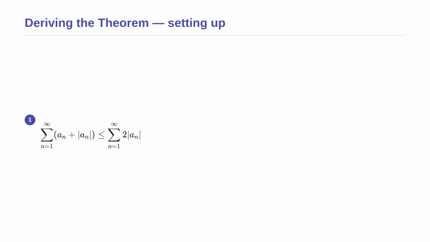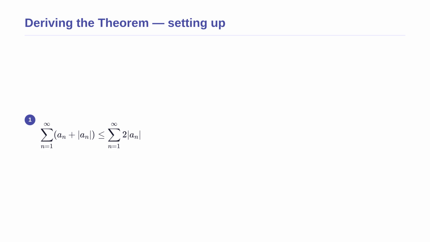We begin by applying the summation operation to all parts of our inequality, from n equals 1 to infinity. Because we assumed our original series is absolutely convergent, we know for a fact that the infinite sum of the absolute values is a finite number. Multiplying a finite number by 2 still gives a finite number.